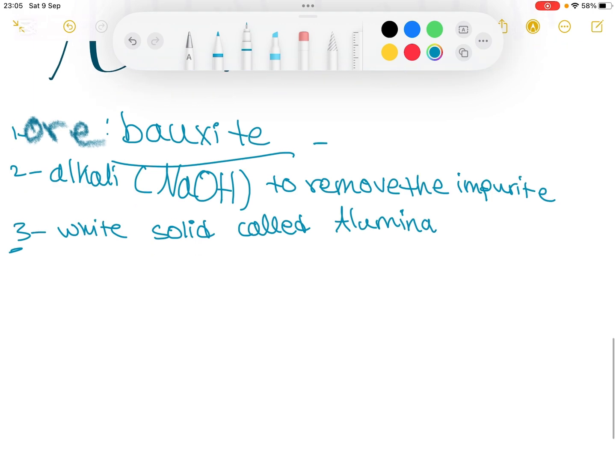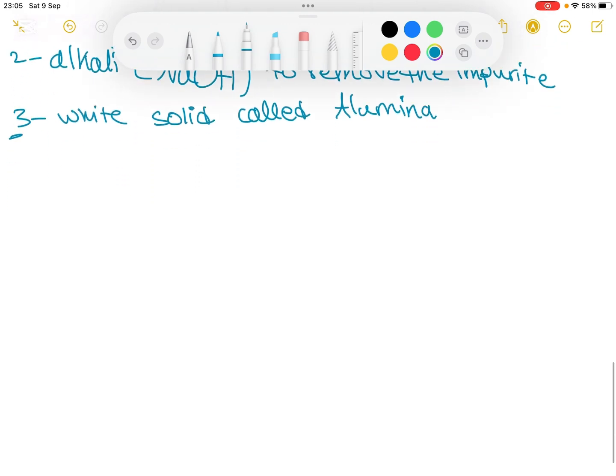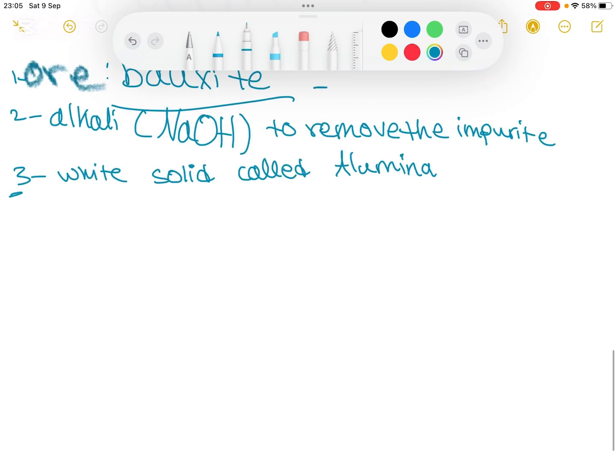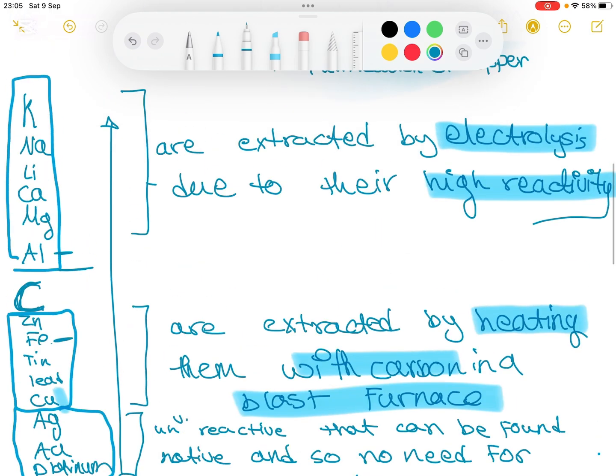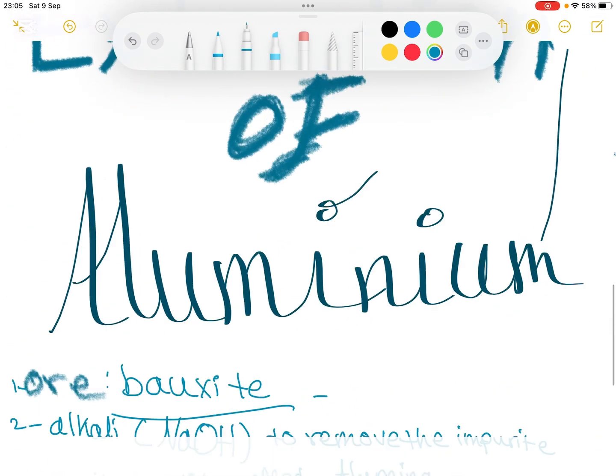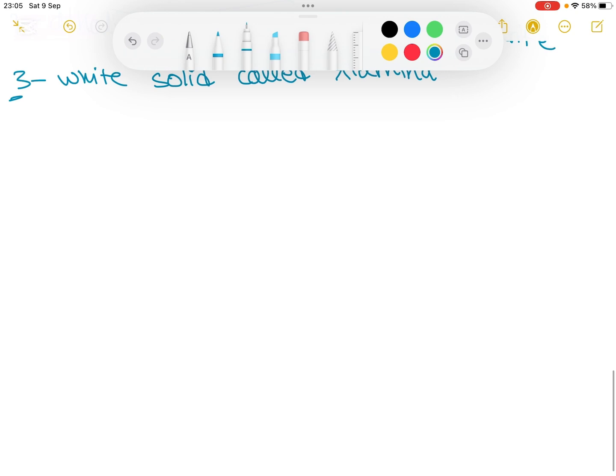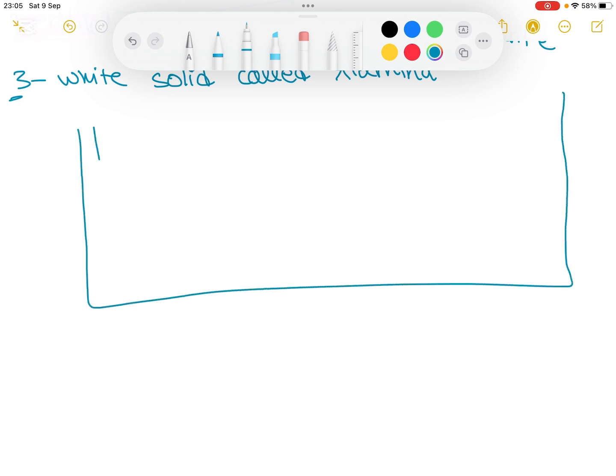The alumina is then transported to huge tanks. The tanks are lined with graphite, and this acts as the cathode. We said that aluminium is above carbon, so it is extracted by electrolysis. We also have cryolite, which we'll talk about now.